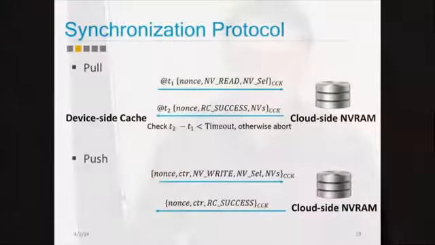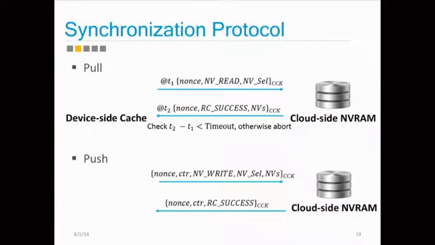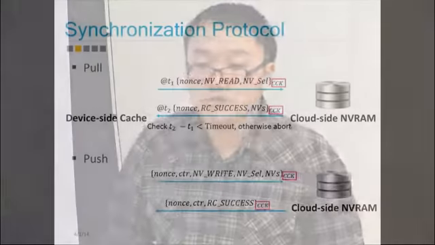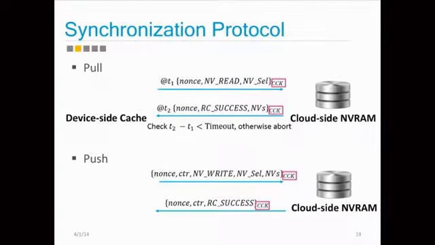Here are the details of our synchronization protocols. We design a pull and a push method for NV-read and NV-write. Each synchronization process includes two messages exchanged between cTPM and the cloud. Here I only want to highlight two details about our synchronization protocols. First, the messages are protected by the cloud communication key.